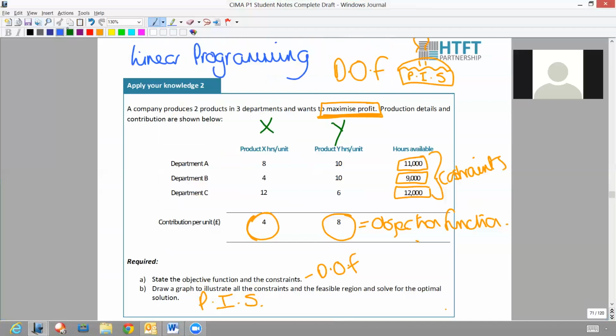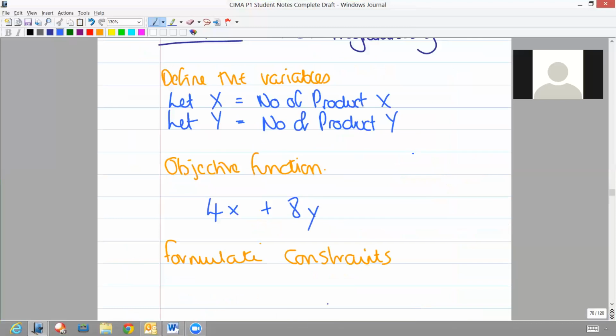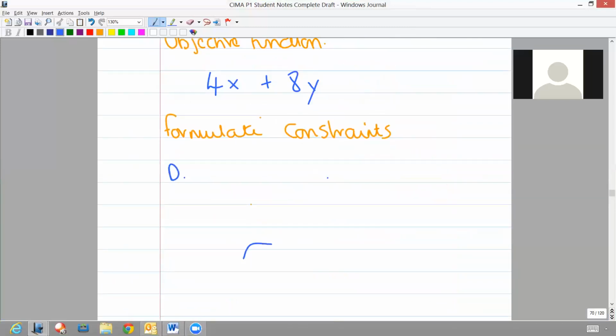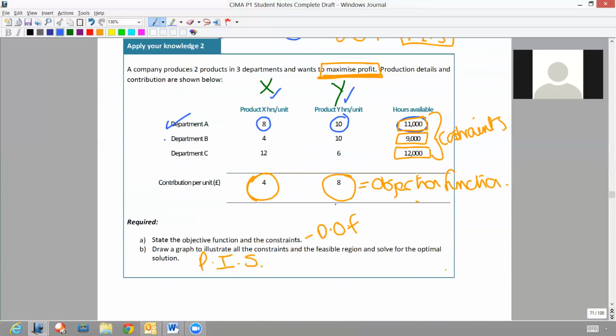So we're going to start then with Department A. Department A needs 8 in every X and 10 in every Y and has a maximum of 11,000 available. So we say Department A needs 8 for every X, 10 for every Y, and that value must be equal to or less than 11,000 hours.